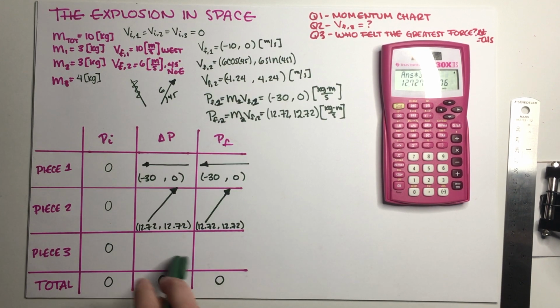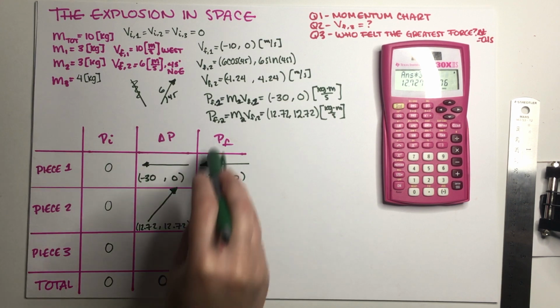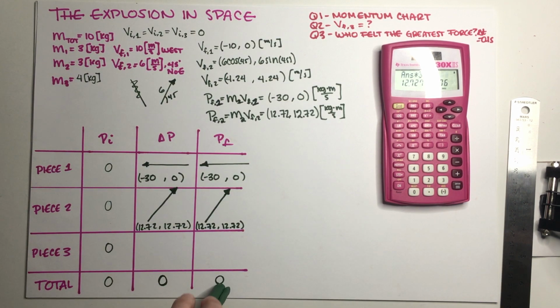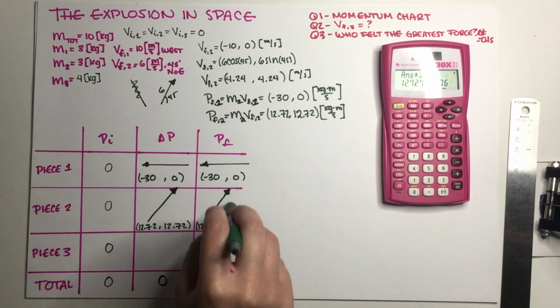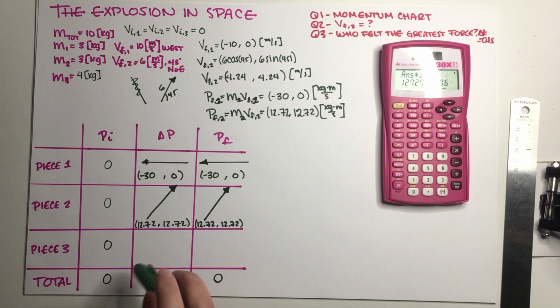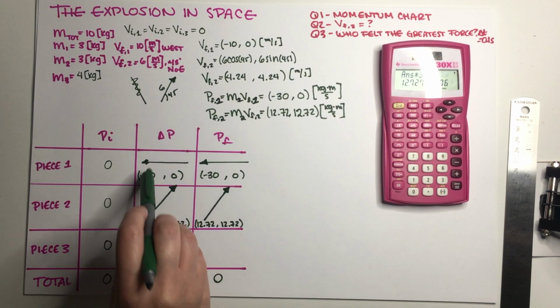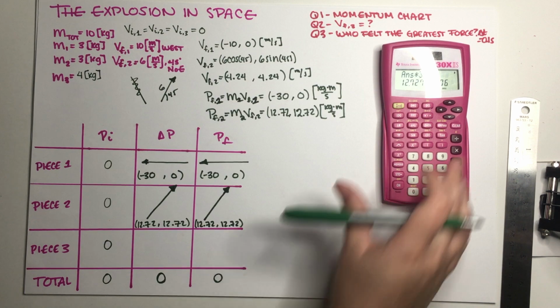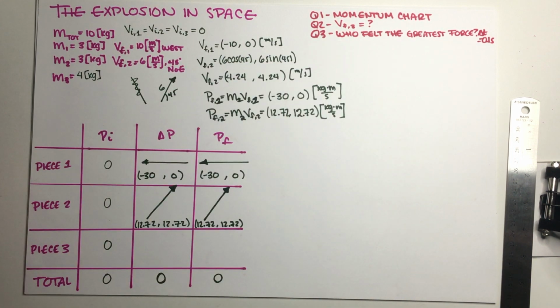And now in order to figure out what goes here and here, that is very easy because I just need to add up my vectors. Let's just remember that this plus this has to be equal to 0. This plus this has to be equal to 0. So I just need to be mindful of that, and then I just have to figure out this plus what is equal to 0 basically.